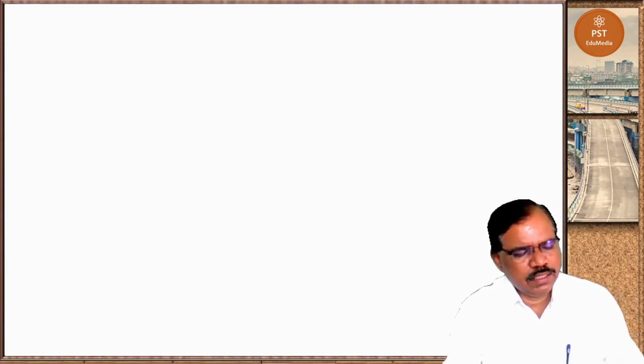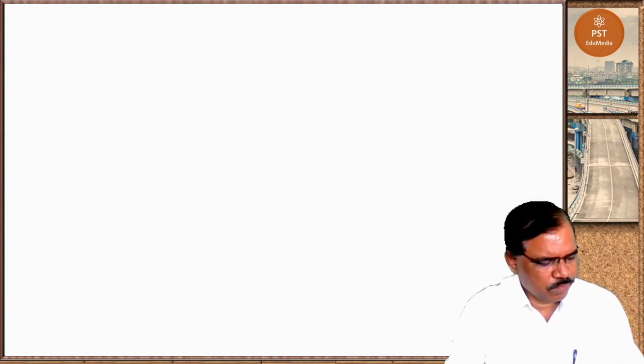Now we'll see one example on curl of a vector field.